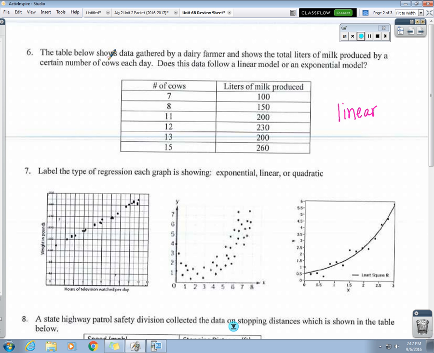Let me show you an example of what an exponential model would look like. Say that you started at 3. That might be what an exponential model would look like. See how every single time it's increasing by a lot more than the previous time? That's what an exponential function does, because think about it.